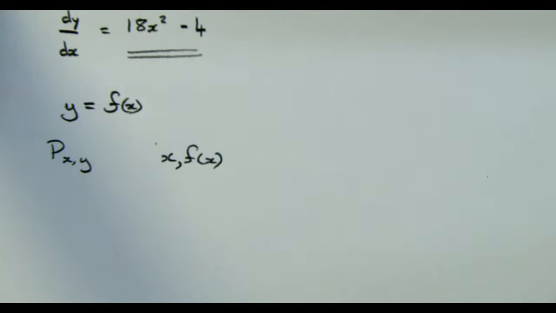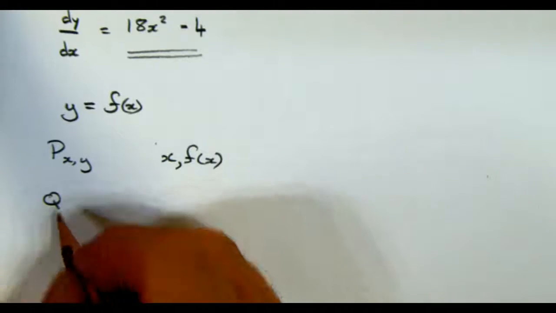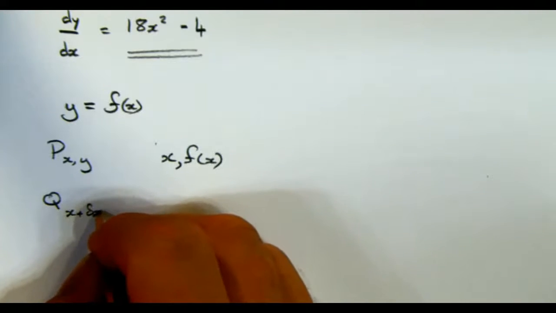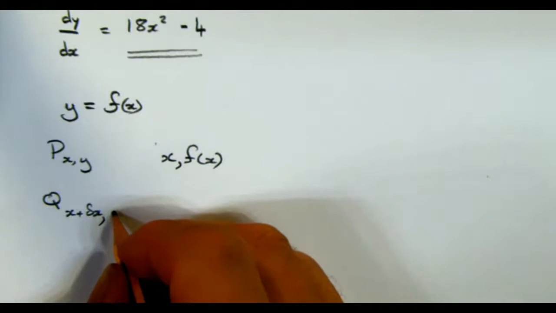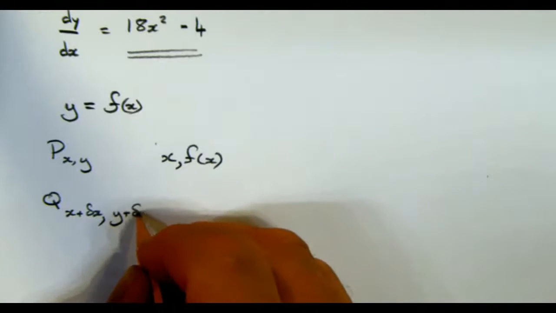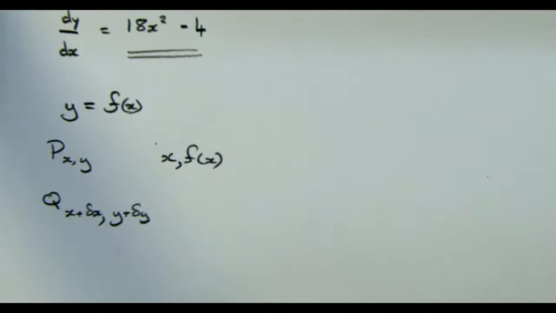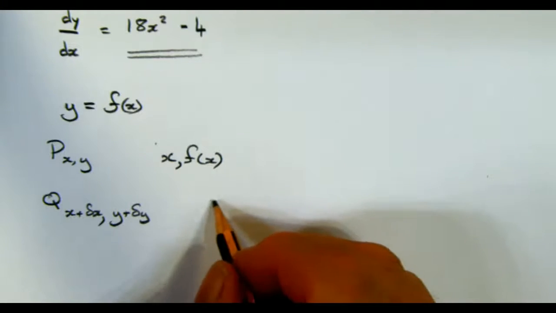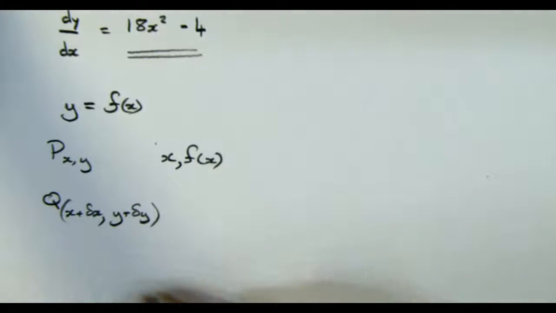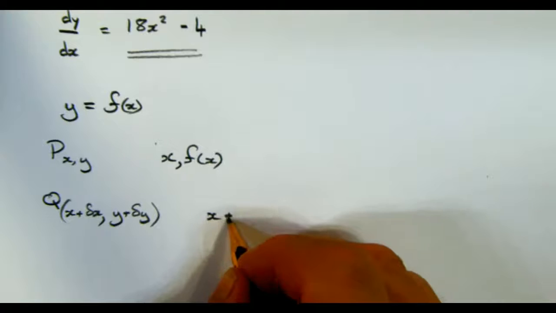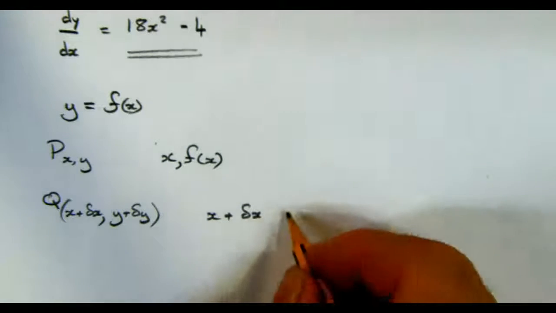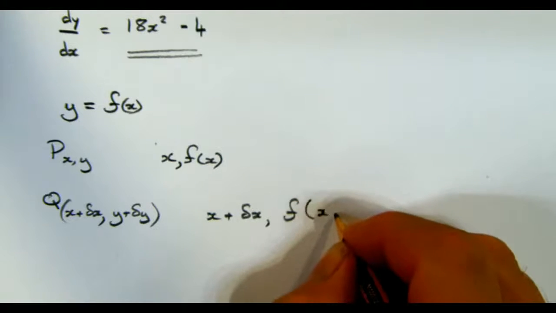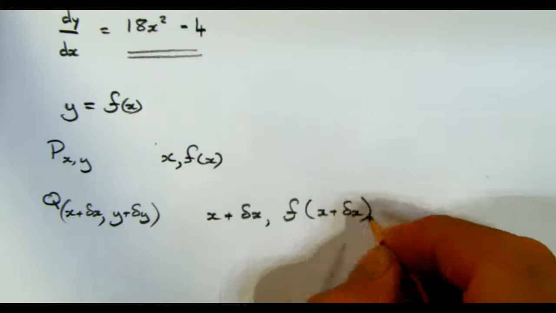If we work out the coordinates of Q, which are going to be x plus a small amount of x, y plus a small amount of y, this is going to become, if we put it into function notation, x plus delta x and some sort of function of x plus delta x.